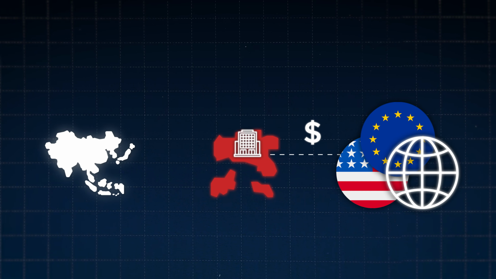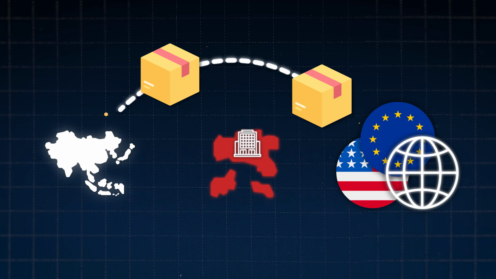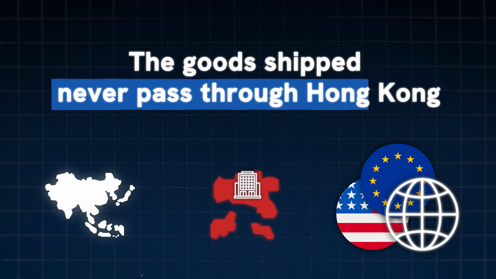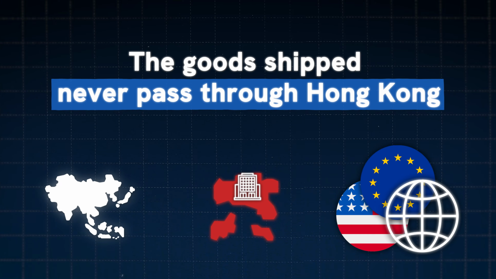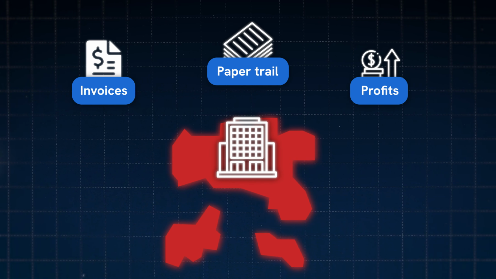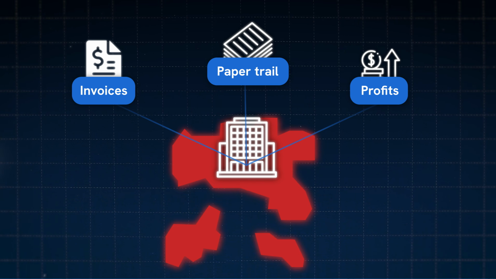The goods are shipped directly from Asia, where your supplier is based, to the country where your customer is located. They never physically touch Hong Kong. But the invoices, the paper trail, and most importantly, the profits are now legally centralized inside your Hong Kong company.